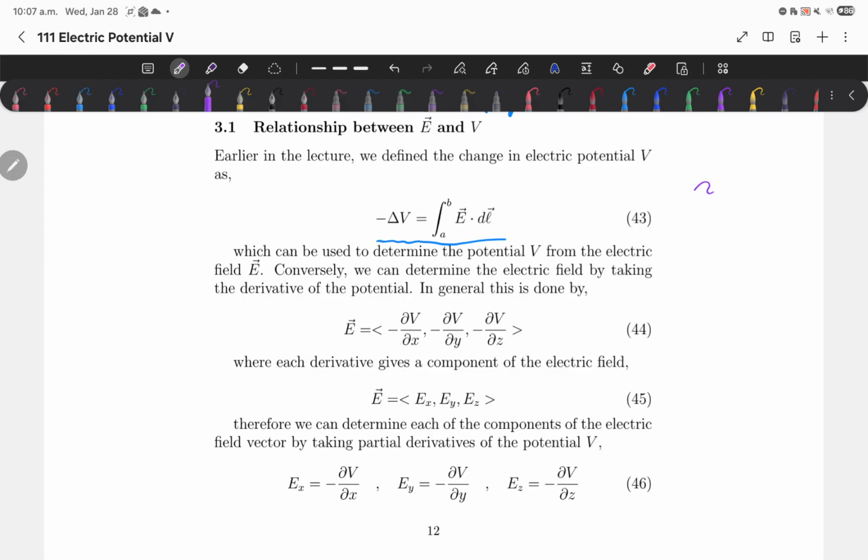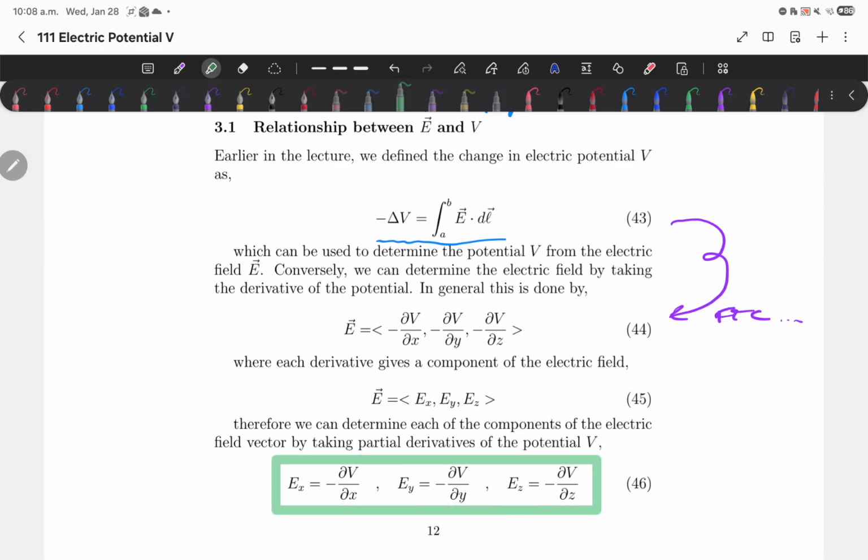Conversely, the electric field is the derivatives of the potential with respect to each of the x, y, and z components. So if you take the negative x derivative of V, negative y derivative, negative z derivative, those are how you can write your field in terms of your potentials, if you know your potential as a function of x, y, and z.